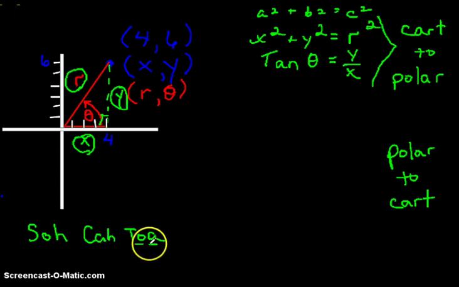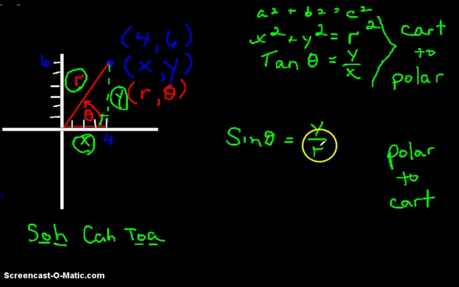Well, we have the opposite here, but this is our x-coordinate, the adjacent. We don't want that. But here we have our opposite and our hypotenuse. So of course, it's the sine. So then we write sine of theta equals opposite, which is our y, over our hypotenuse, which is our r.